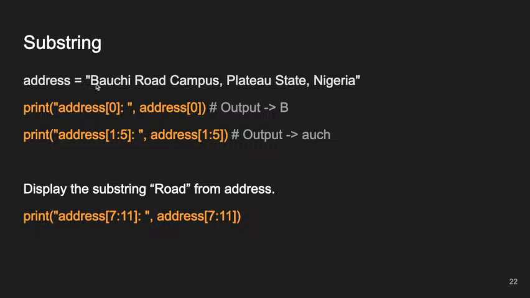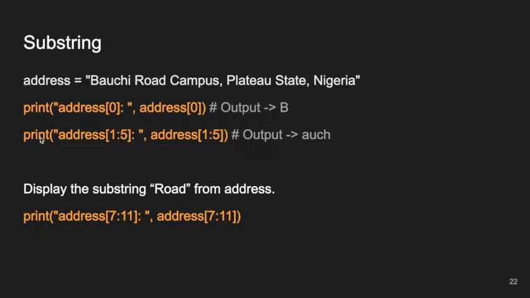You can think of your string as a list of characters. So when you print address with index 0, you will get B as the output.